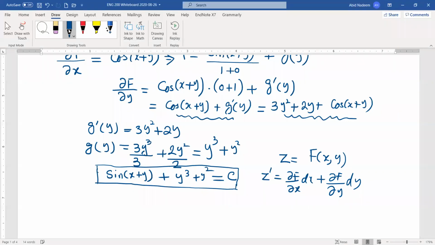So this is the simple formula. So using this formula, we can differentiate it and then we can verify our solution as well.